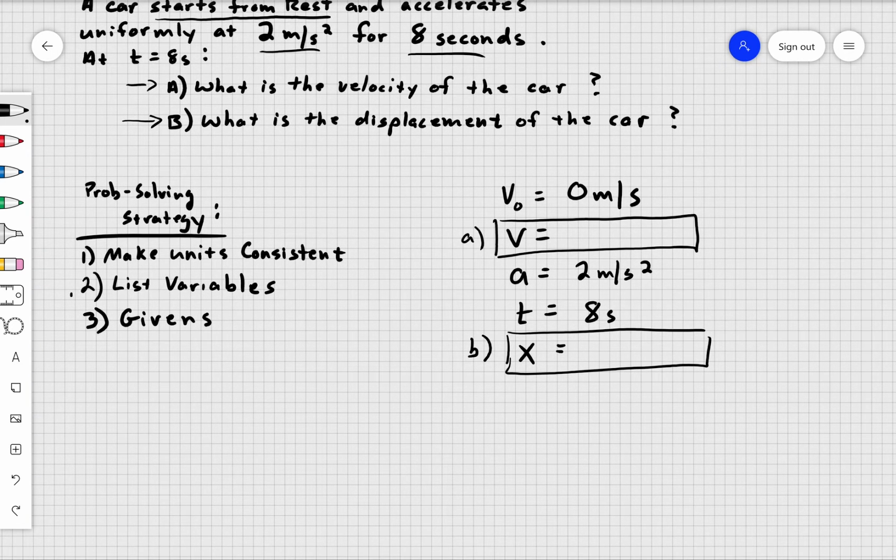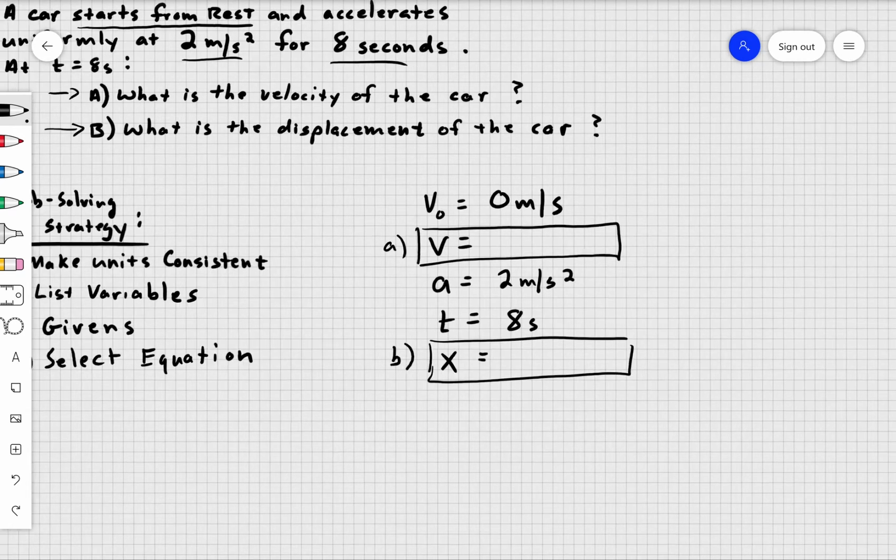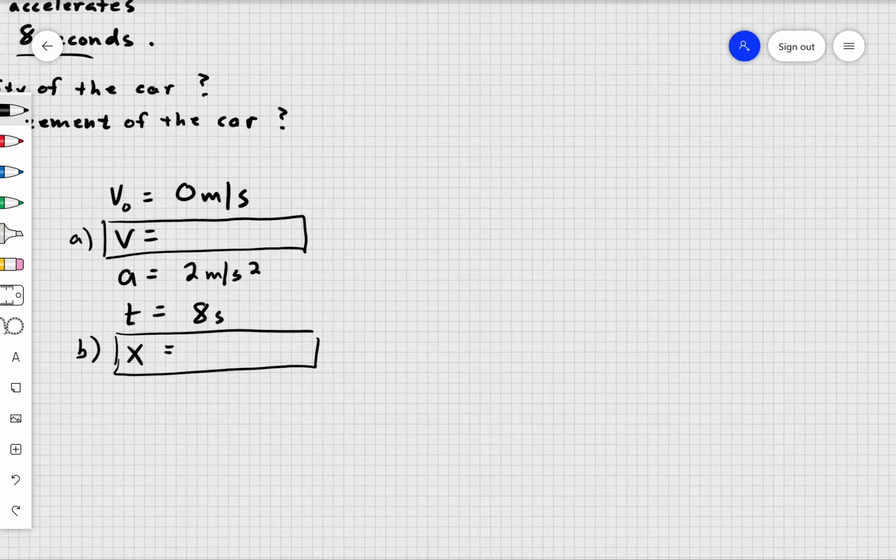So we have listed our variables. Our units are already consistent. We have filled in our given values. So now let's select an equation. And we have 4 equations to choose from.